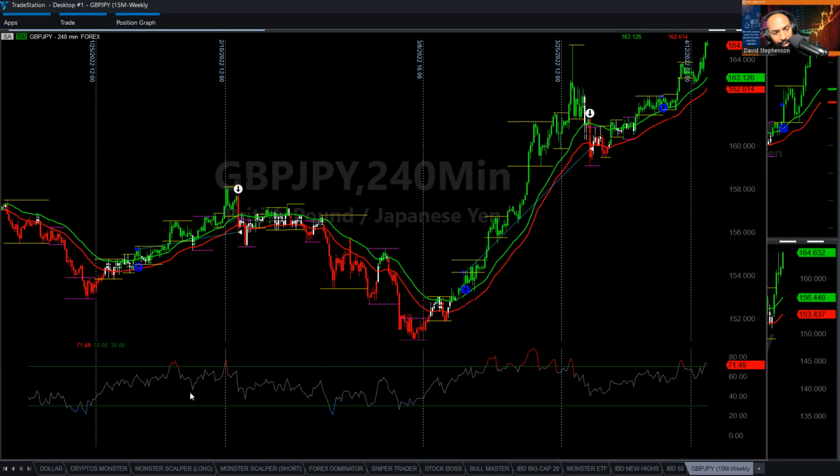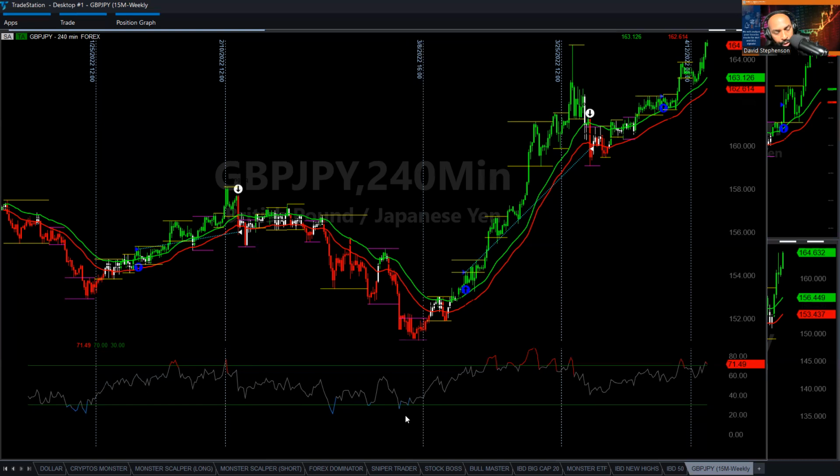This works well, but like I said, not by itself. Here it was oversold, here oversold, price came down, oversold, pulled back up, got oversold here again, pulled back up.